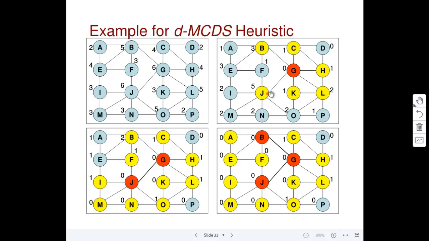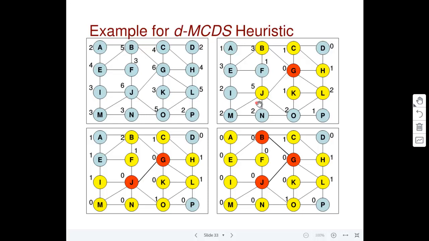Among the vertices that are covered, we should pick the one that has the maximum number of uncovered neighbors. In this case, among these 6 covered vertices, the one with the maximum number of uncovered neighbors is J, which has 5 uncovered neighbors. So we include J to be part of this minimum connected dominating set.